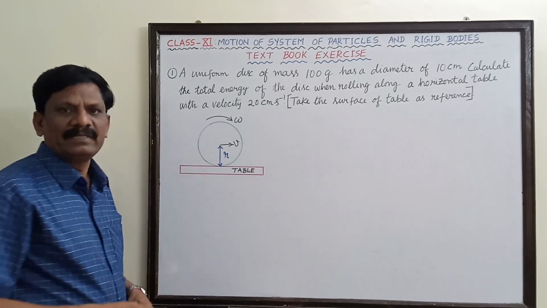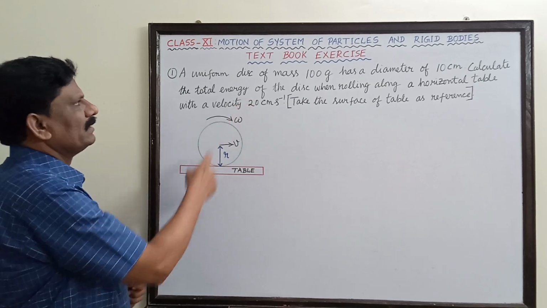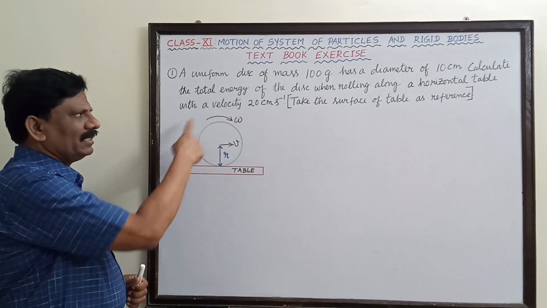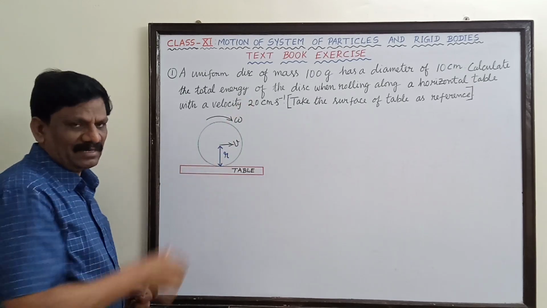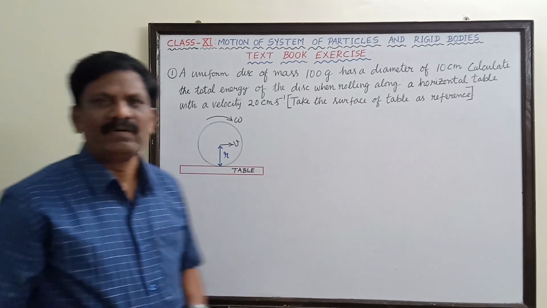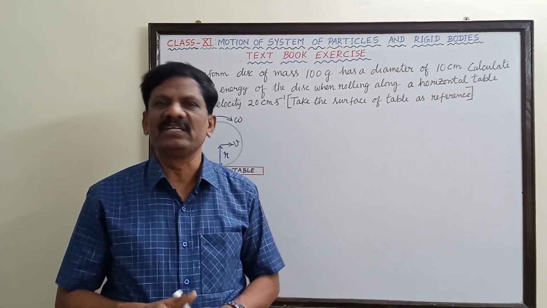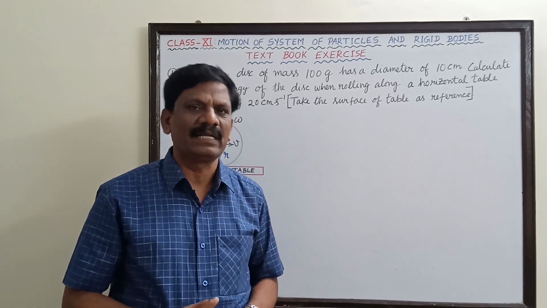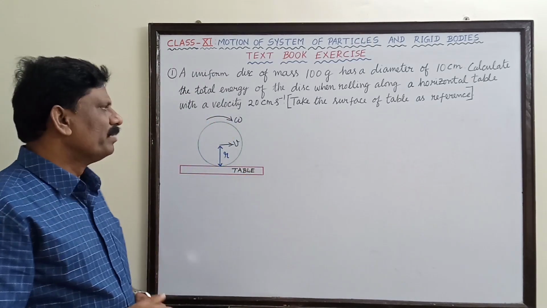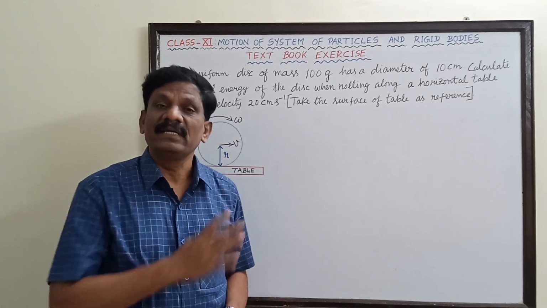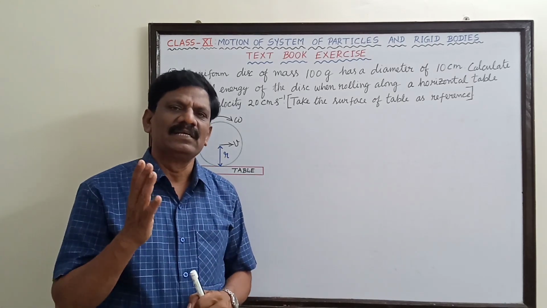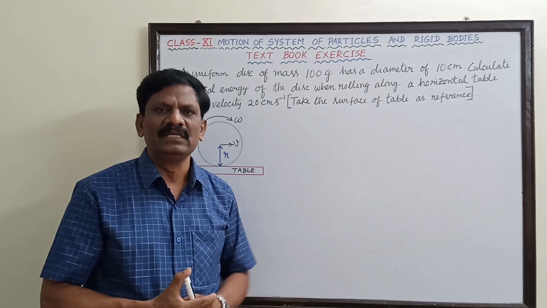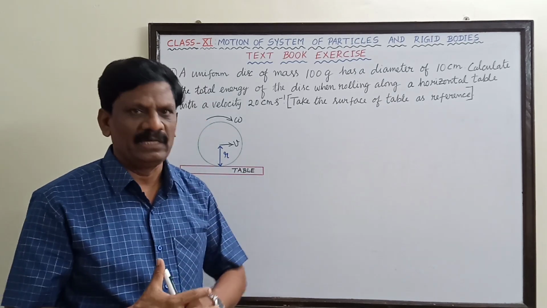Okay, now we can look at the diagram. This disc is rolling on the table surface. We have already studied that rolling motion is a combination of two types of motion, namely rotational motion and translatory motion. So because of rolling, it has two kinetic energies: one is translatory kinetic energy and the other one is rotational.